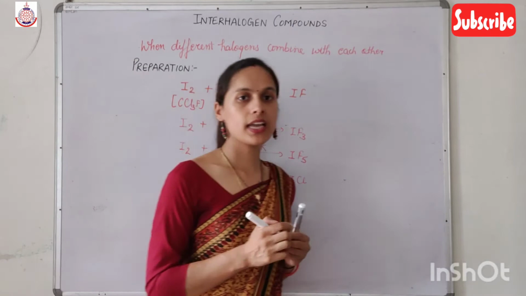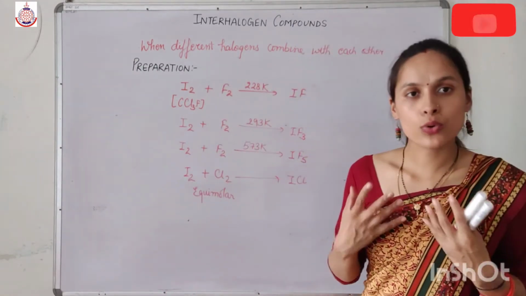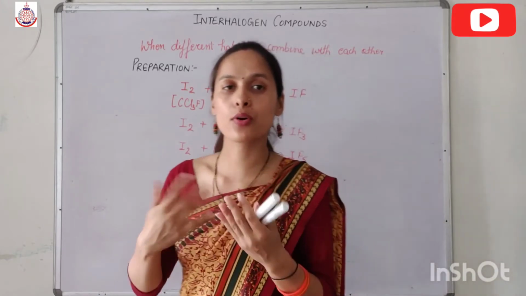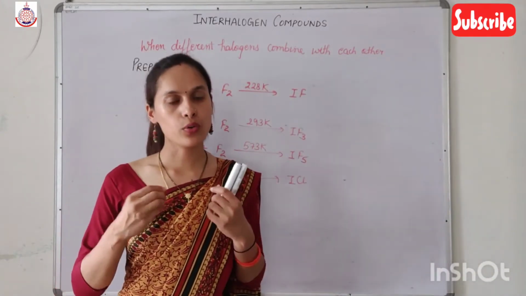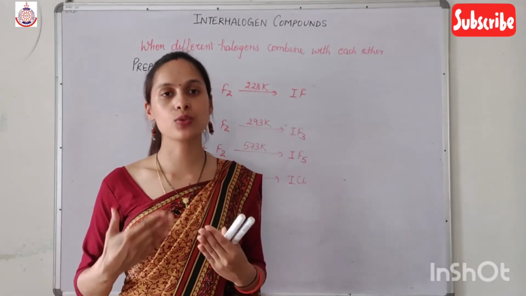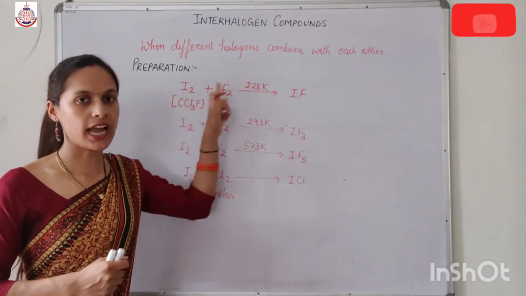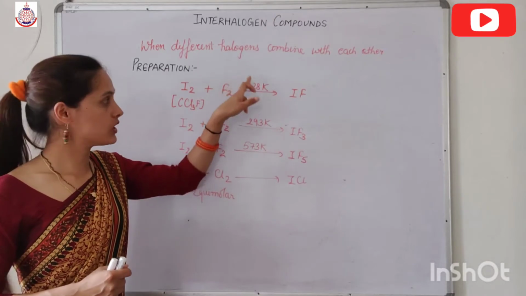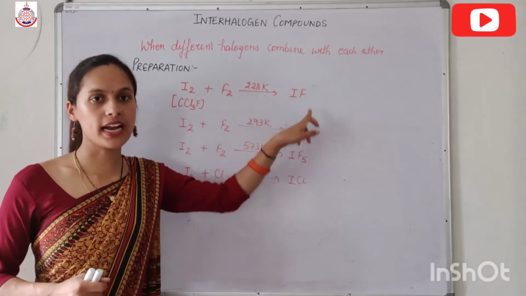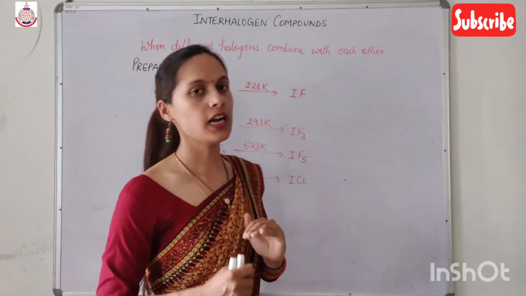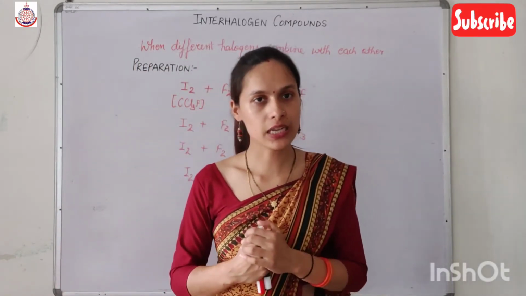So in this way, we notice that by changing the temperature, our product becomes different. In all three reactions, we have only iodine and fluorine, but due to the change in the temperature, we get different products. In this way, we can prepare different interhalogen compounds.